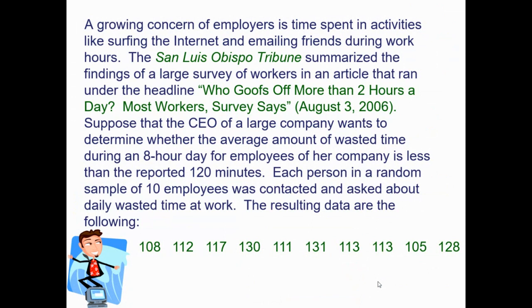Suppose the CEO of a large company wants to determine whether the average amount of wasted time in an 8-hour day for employees of her company is less than the reported 120 minutes.